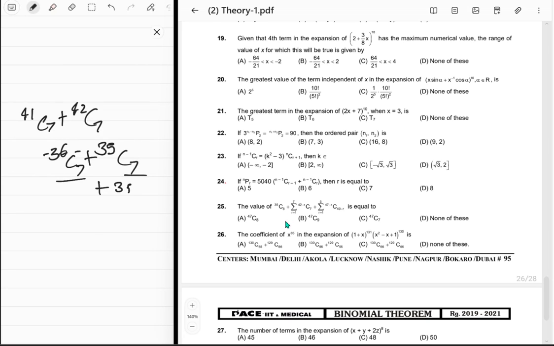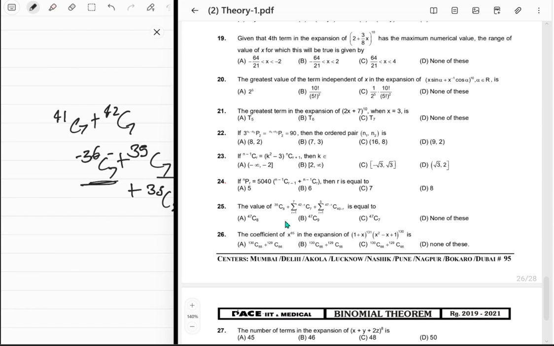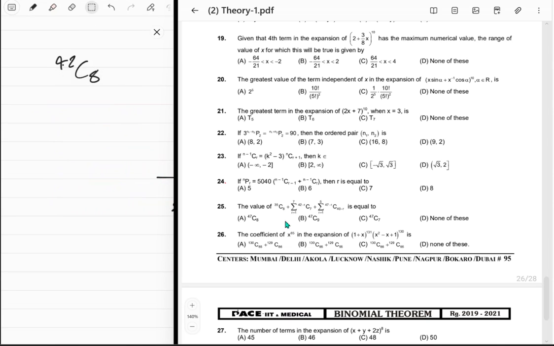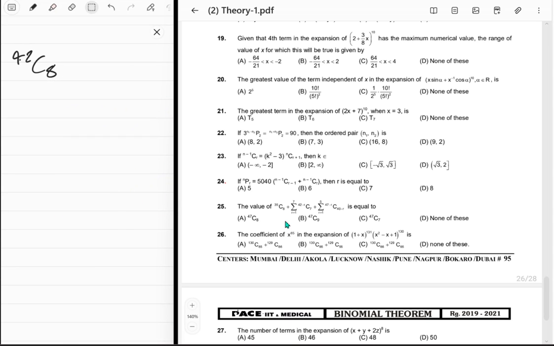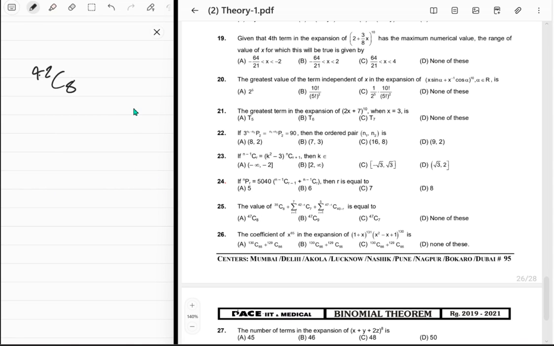So 35C8 right there. Cool. So 35C7 plus 35C8 will just be 36C8, and then this combined with that will give us 37C8, and so on. You get a chain effect, and in the end, it's going to get 42C8. So the first term and the second term of the series combined are just 42C8.